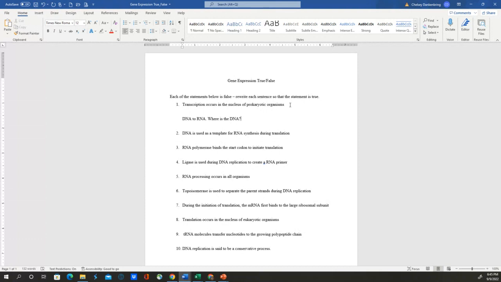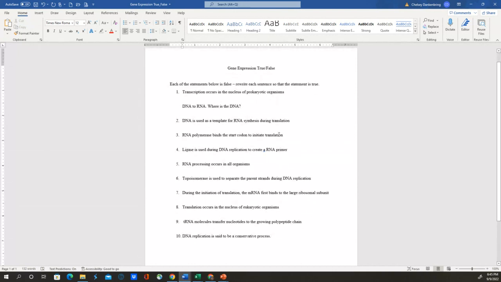And so for eukaryotes, DNA is in the nucleus. So transcription has to happen in the nucleus because that's where the starting material is. But prokaryotes don't have a nucleus, right? So for prokaryotes, the DNA is just inside the cell. We call the inside the cytoplasm. Okay? So good job with that one, y'all.